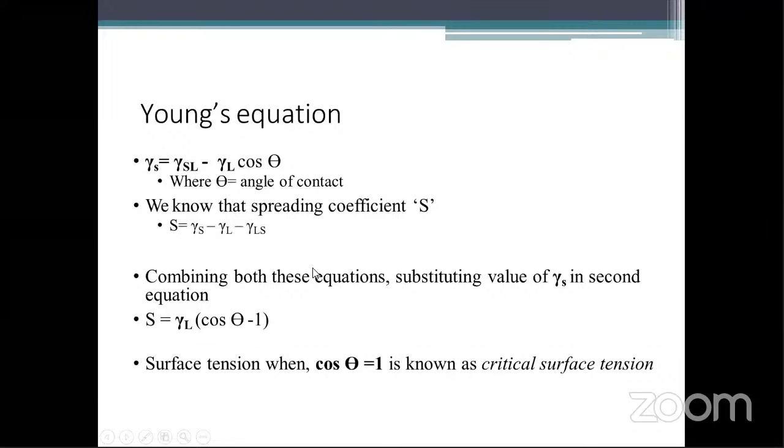Okay, so in this case cos theta is equal to 1. Surface tension when cos theta is equal to 1, that is known as critical surface tension. I said that there also, if anyone remembers or has noted it, you will find it there, critical surface tension.